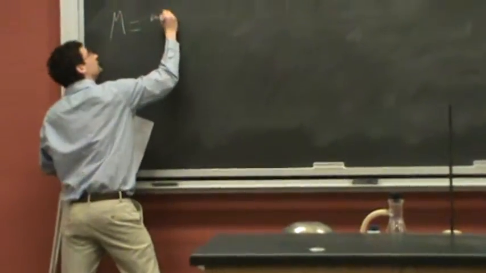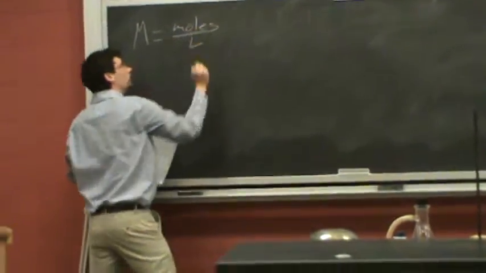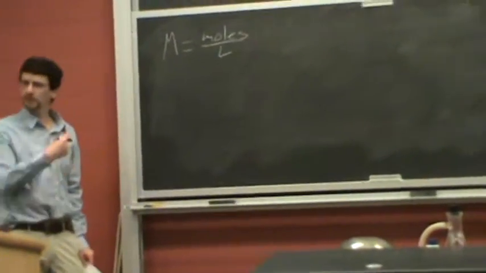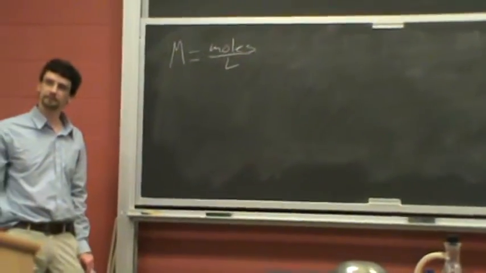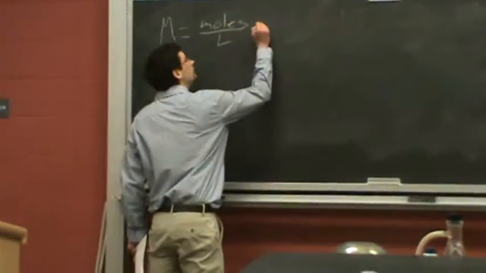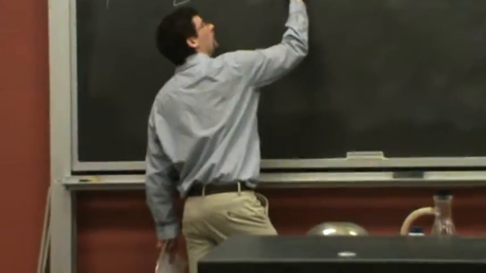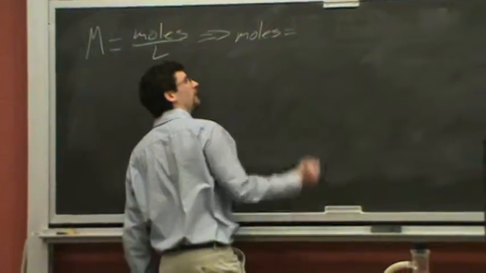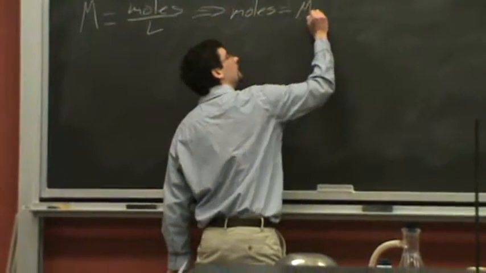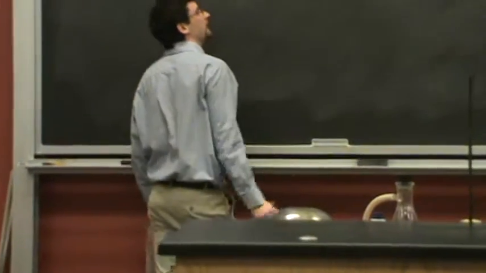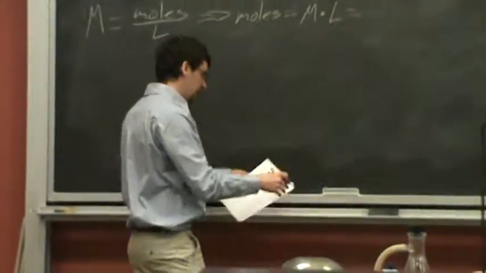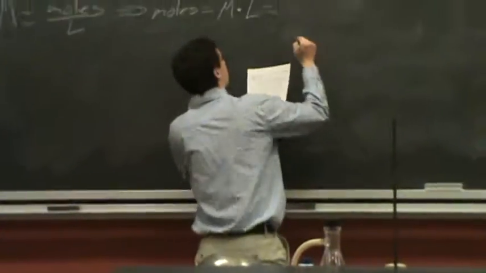Molarity is equal to moles over liters. What are we going to try and solve for? We've got to try and get moles. So we should manipulate this equation around in order to solve for moles. Moles is going to be equal to what? Yep, molarity times liters.